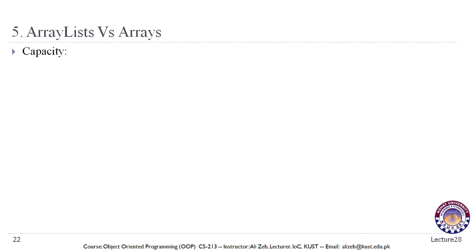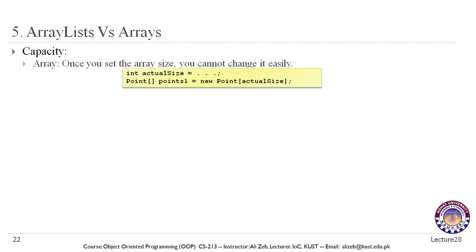In the case of capacity for an array, once you set the array size, you cannot change it easily. So if we declare an array with a certain size, then it remains the same.